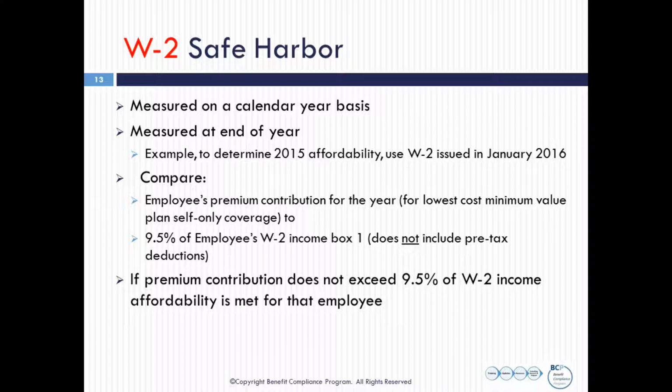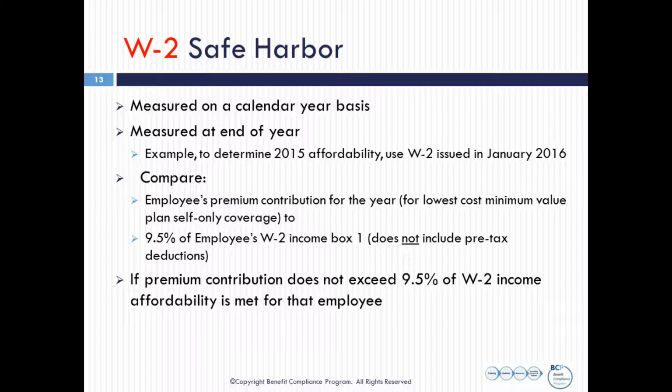W-2, you are measuring this on a calendar year basis. You are measuring at the end of the year. For example, to determine your 2015 affordability, you're using that W-2 issued in January of 16, so it's after the fact. You will compare the employee's premium contribution for the year, again for that lowest cost, minimum value, self-only coverage, to 9.5% of that employee's W-2 income, box 1.